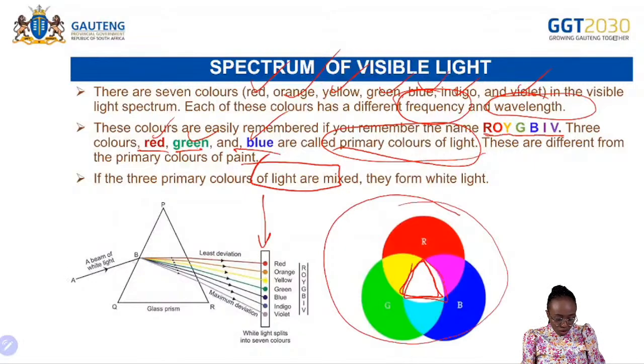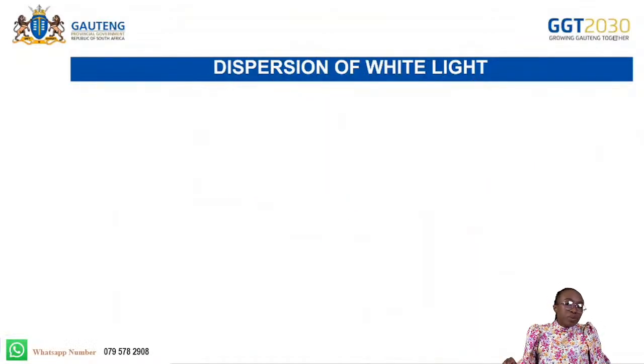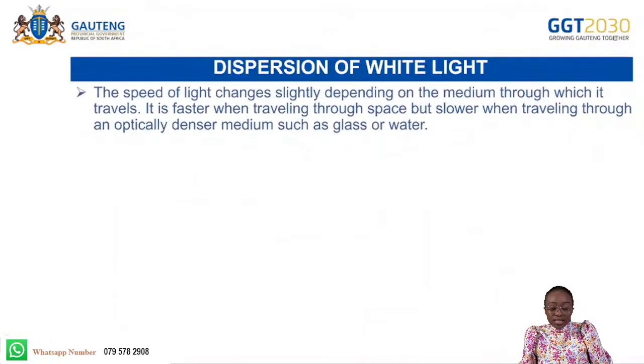And then when we split white, we get the 7 colors of the visible light spectrum. Now, speaking of splitting light, let's learn about the dispersion of white light.